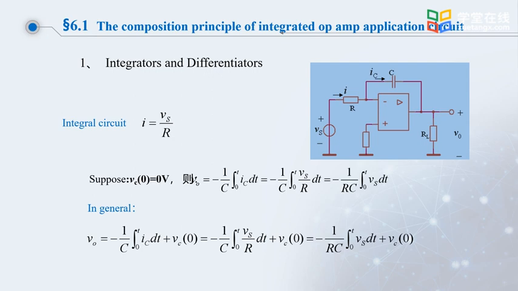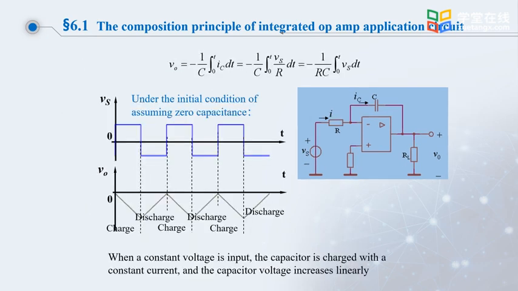Under normal circumstances, the output voltage VO should be equal to the integral of Vs over time t, plus the initial voltage across the capacitor. The general integration circuit is used to convert the waveform. Let's assume Vs is a square wave signal. Then its voltage is constant at a certain moment, so the current I is also a constant current.